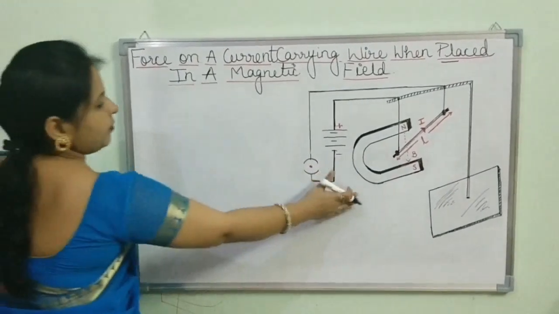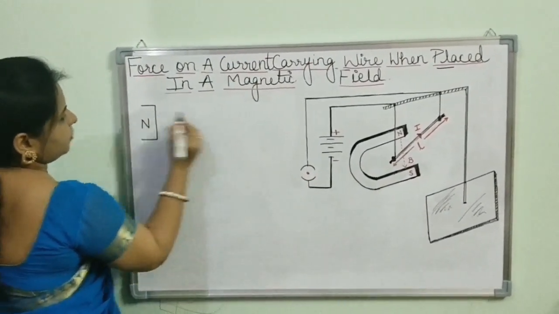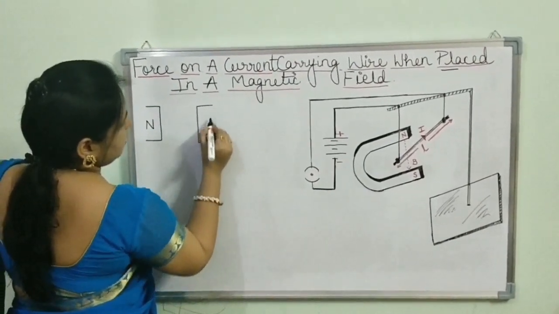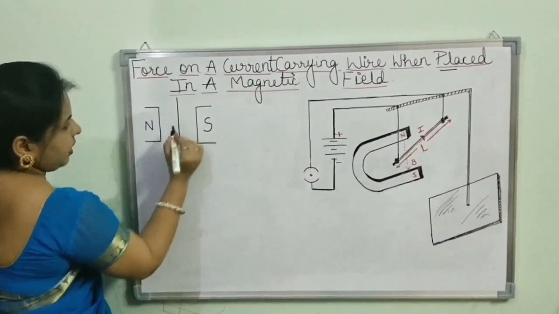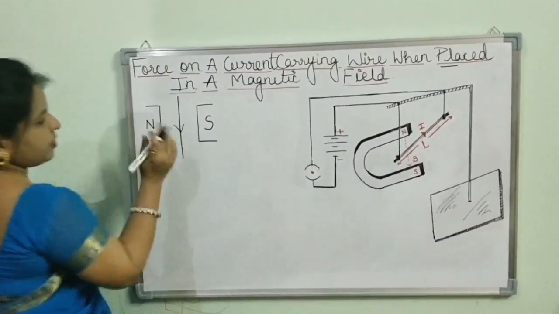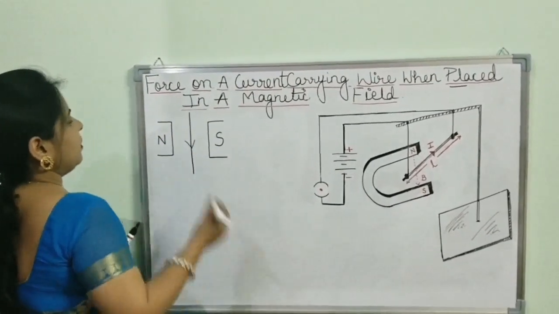Now, if I brief this diagram over here, this is the North Pole, this is the South Pole. This is a current carrying wire which is placed in between the magnetic field.